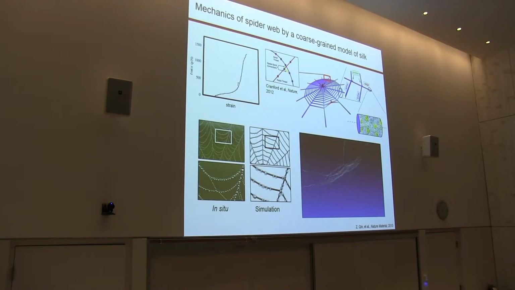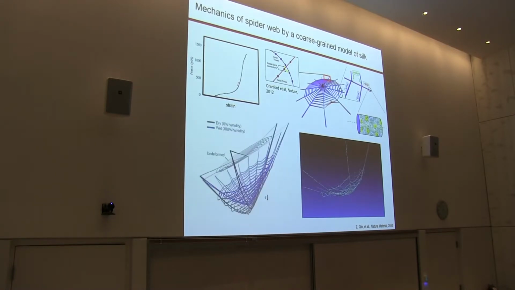Moreover, this kind of coarse grain model provides a lot of degrees of freedom to modify it. So not only can I compare my simulation result with nature, but I can also simulate how water or humidity may change the mechanics in the silk itself.